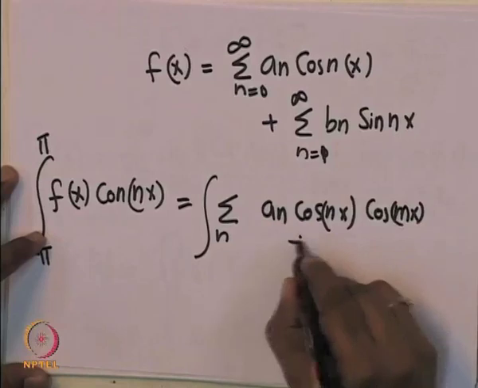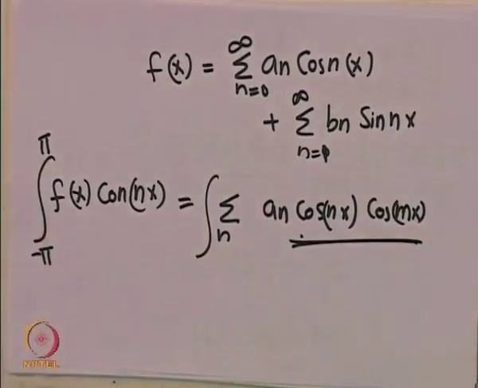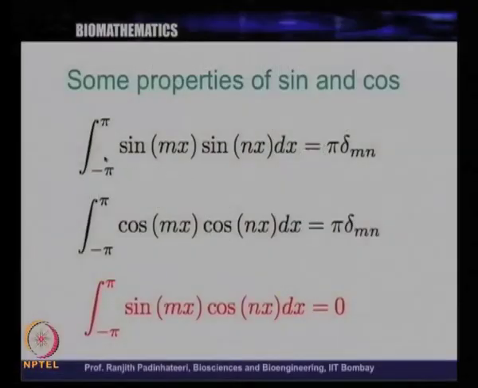It turns out that we have to use a particular property of sin and cos that you have to remember: the integral of sin m x sin n x is equal to pi times delta m n. What does this mean? If you take sine of some constant times x and sine of some other constant times x, and these constants are not equal, if m and n are not equal, this is 0.